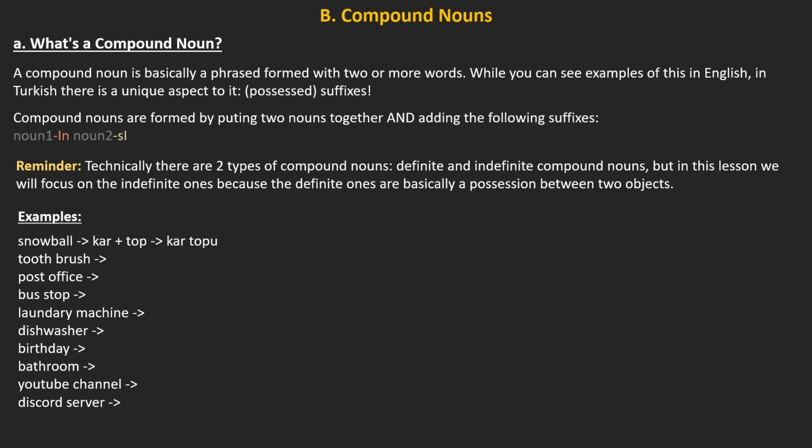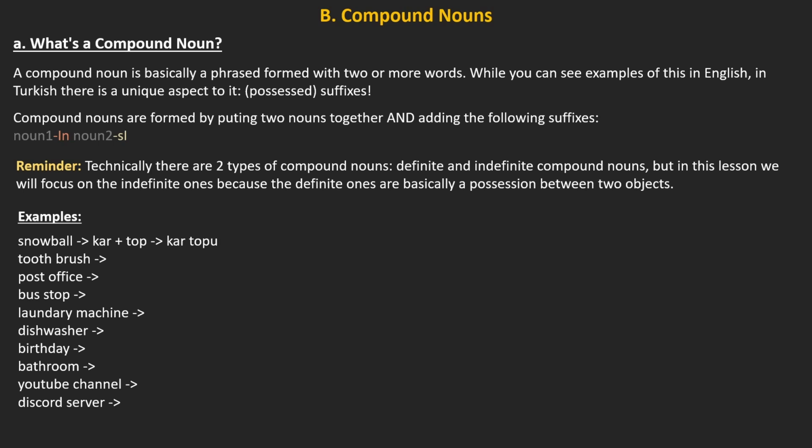Okay, kar topu. If I include this n on the possessor, karın topu, with this example, it won't make sense, as if the snow is a definite thing. The snow's ball, yes.